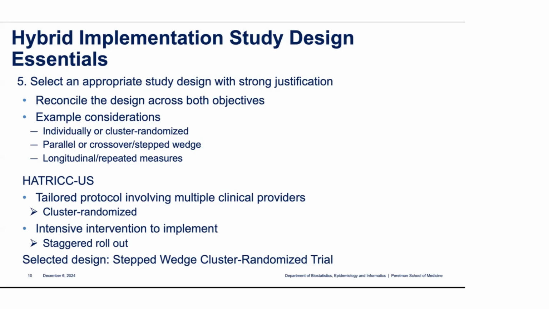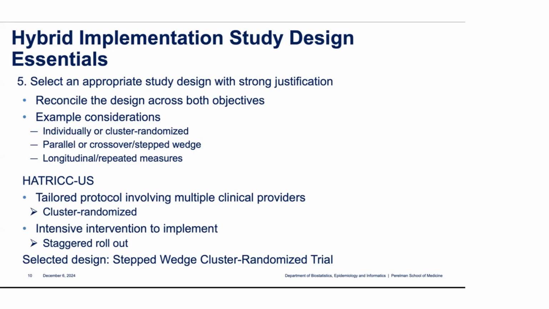Other interventions might consider some type of messaging to adhere to some evidence-based practice that you can send directly to the patient. So there it might be more feasible to do an individually randomized design. Whether we want to have a parallel design where units are randomized to one level of the intervention and stay in that the whole time, or whether we want to have a crossover or a stepped wedge design.